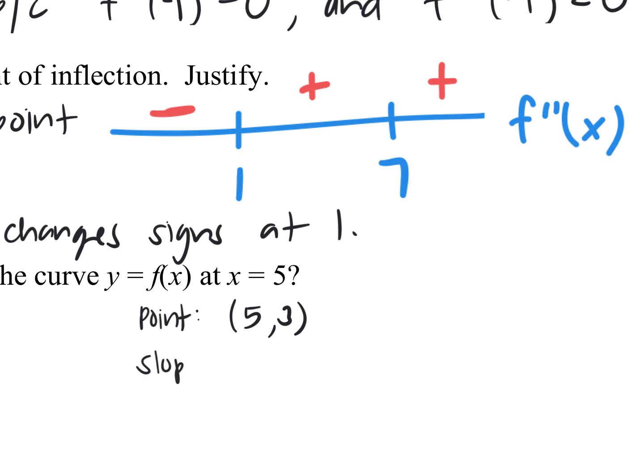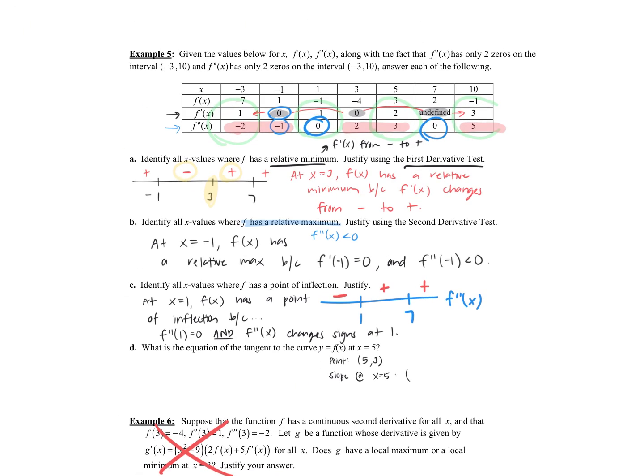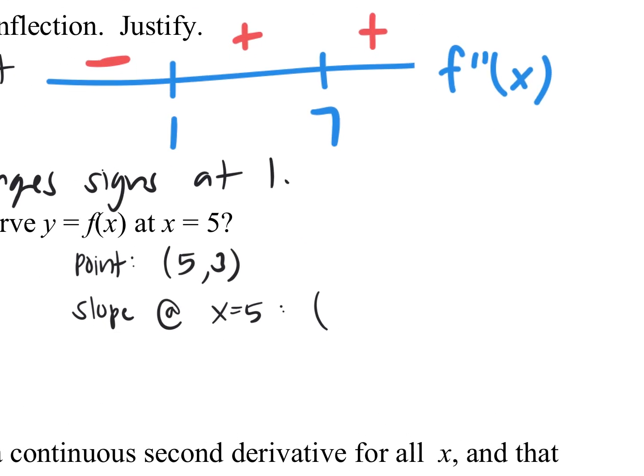And I want my slope at x equals 5. So what's my slope if I go back up here at x equals 5? 2. Yes, the first derivative underneath at x equals 5 would be 2. So your slope is just 2. Can you write an equation of that line now?